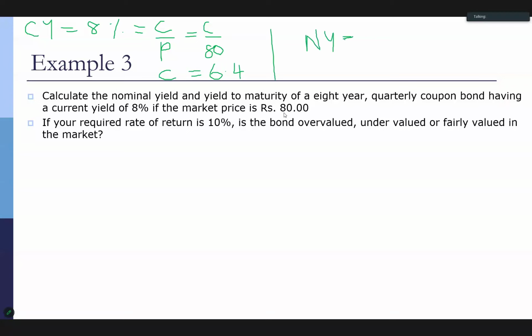And this is the coupon rate that you should use to calculate yield to maturity. Now use that to calculate yield to maturity. So that is where you use guess one based on that.